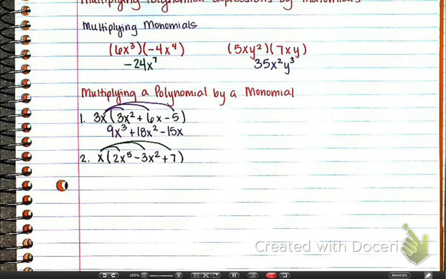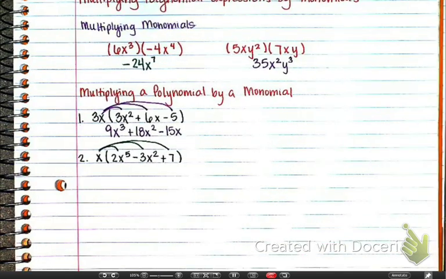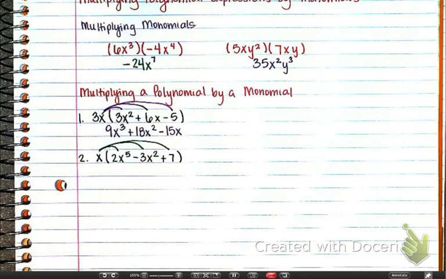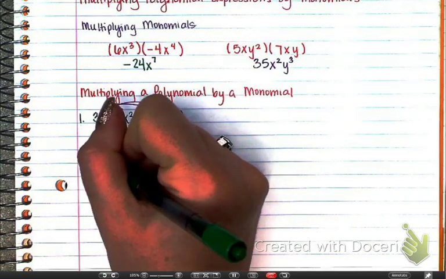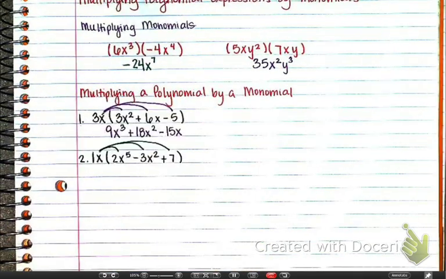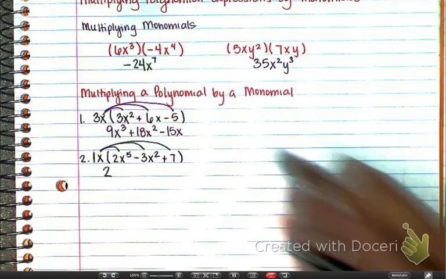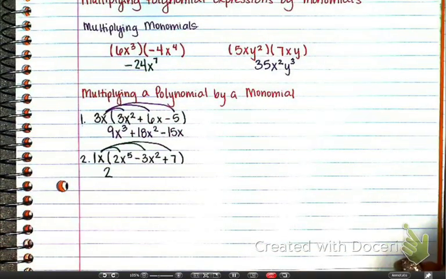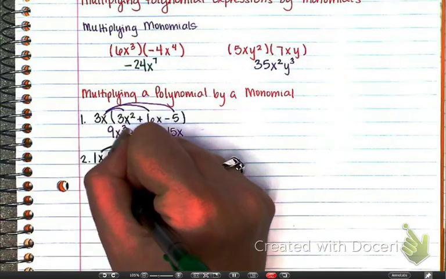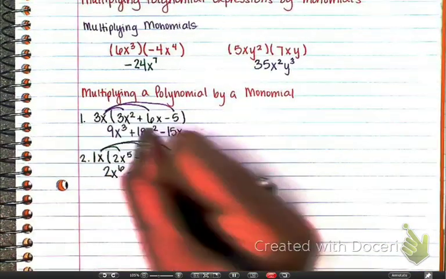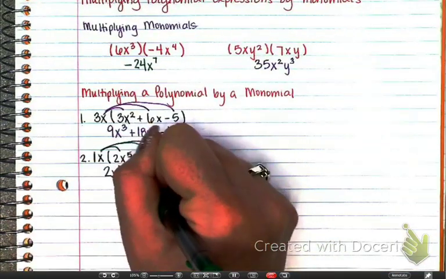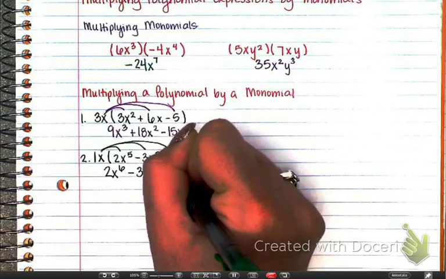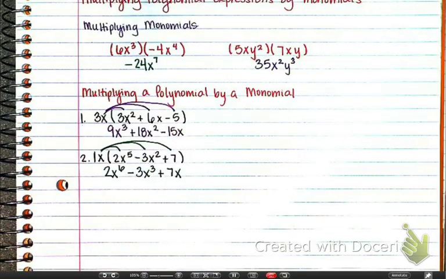No one? Annie? I just put it on 1. Okay, so you put a 1 in front of the x? Yeah. Okay, so you got 2x to the 6th minus 3x, plus 7x. Perfect. Did everyone else get that as well? 2x to the 6th minus 3x to the 3rd plus 7x. Awesome. Are we in standard form?